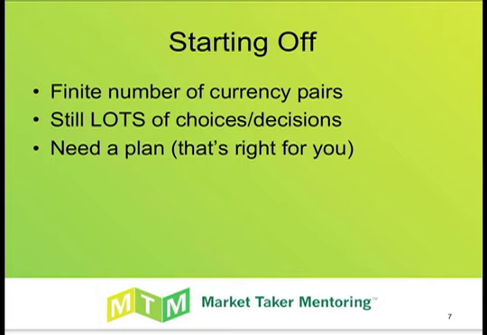So a couple of things I'm sure it's probably old hat to a lot of you who are watching this, but a couple of things you want to know and think of just before, as a prelude into our presentation here. There's a finite number of currency pairs. That's how you think of them, currency pairs, like U.S. dollar, how many U.S. dollars per euro, and so on.